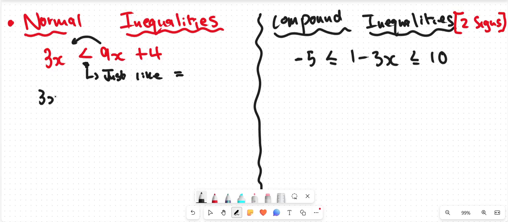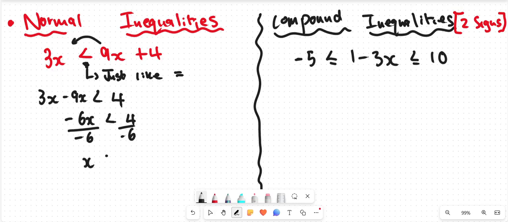So 3x minus 9x is less than 4. And then 3x minus 9x gives me a negative 6x is less than 4. Then if I divide by negative 6 on both sides, the sign also needs to change. Let me put it in red.